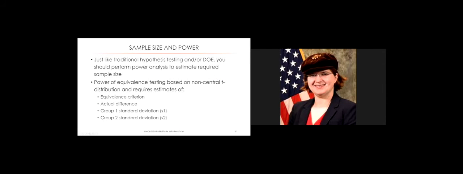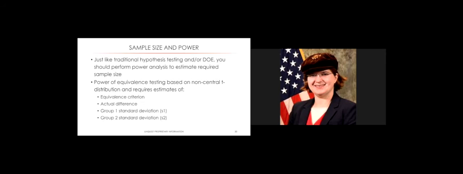Okay. And of course, you can't ignore sample size and power. If you're doing test planning, with traditional DOE or a t-test, you can estimate power and choose the sample size to achieve a certain level of power. So that's still important with equivalence testing. You should perform power analysis to estimate sample size, or at least see how well the amount of data is going to work with this type of method.